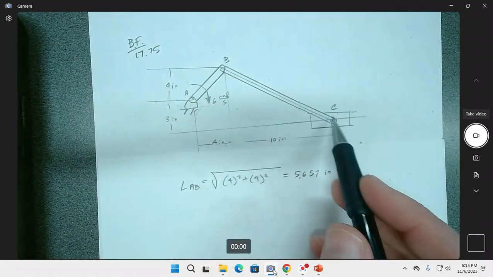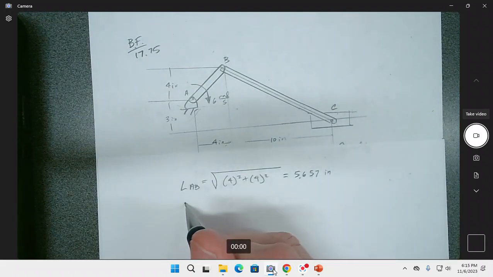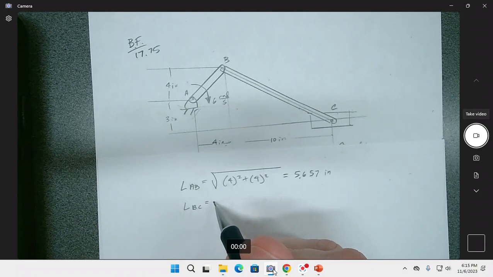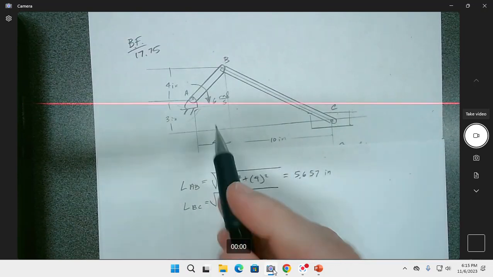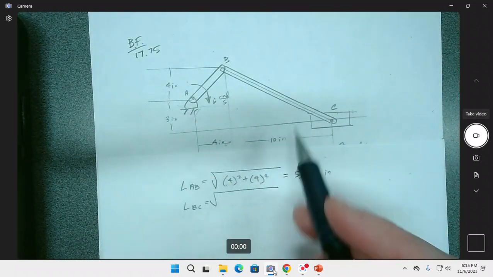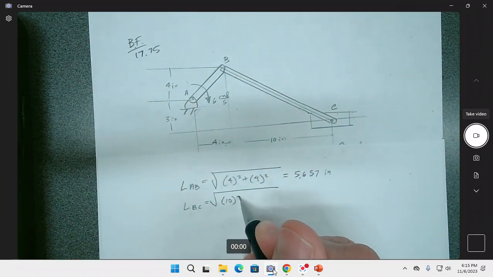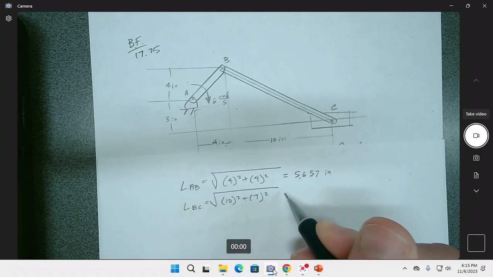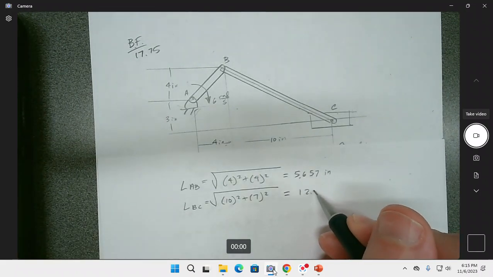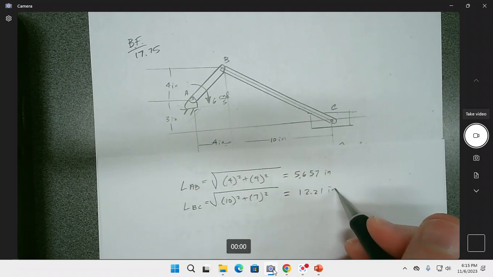Let's get the length of BC while we're at it. I don't know what that noise is. Something that was telling me something. It shouldn't be my email, because I don't think my email's on there. So that's going to be, what, 10 and 7? Yeah, 10 squared plus 7 squared. So 149 square root, boom. 12.21 inches.